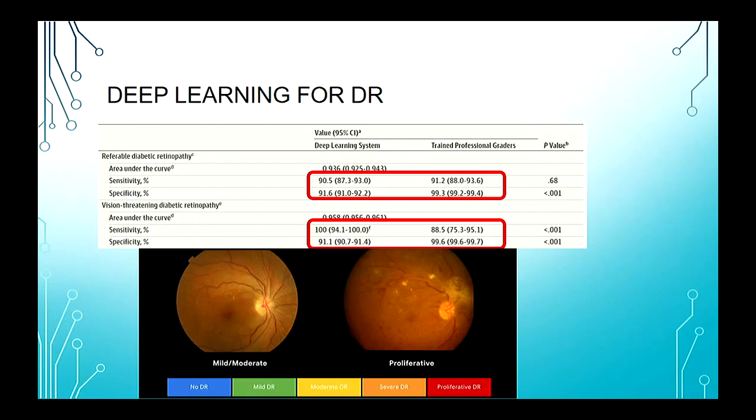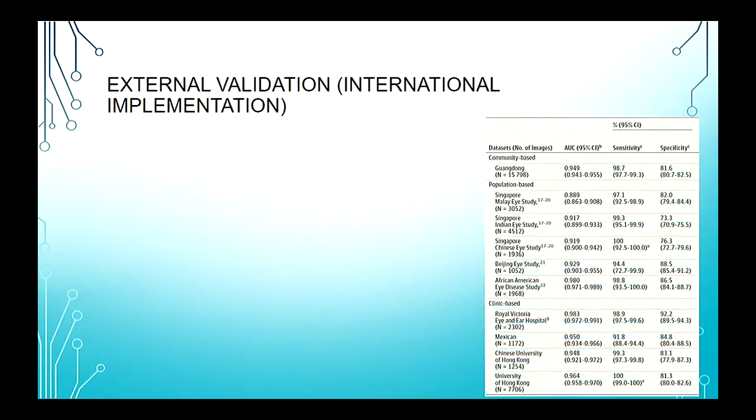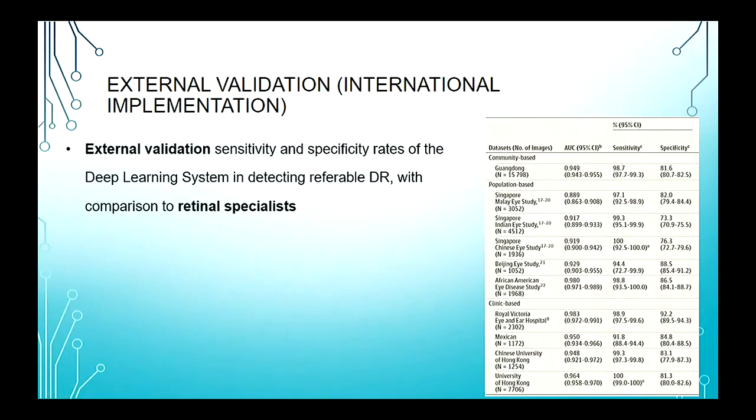The same group took their deep learning algorithm and ran it in Singapore, in China, in Mexico, and in Hong Kong. So almost all around the world. And if you look at the accuracy, which is this column, every time it's close to 90%.